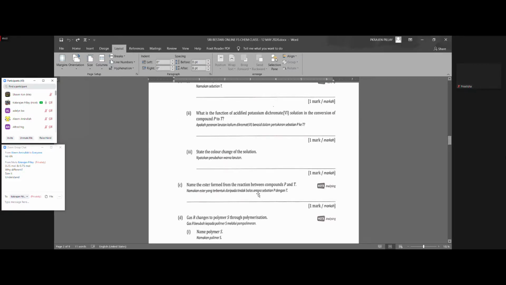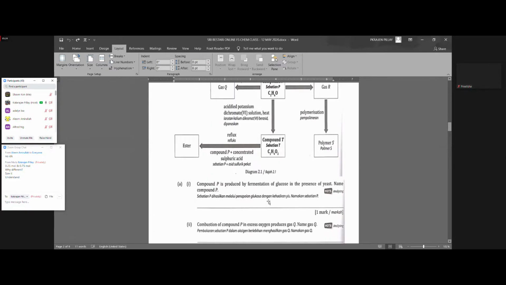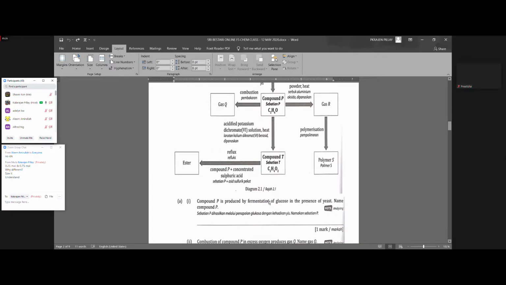Then name the ester formed. Okay, now they put P and T. So of course, we take P and T to form ester. P is ethanol, we have done this, and T is ethanoic acid. Okay, tell me what is the name of the ester. Who wants to try? Dongsin, you try. P is ethanol, this is ethanoic acid.